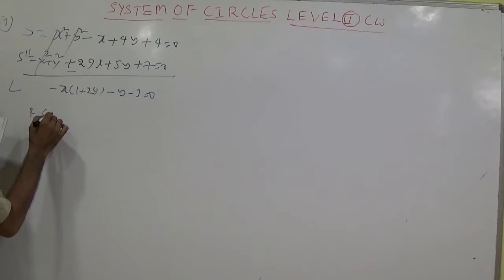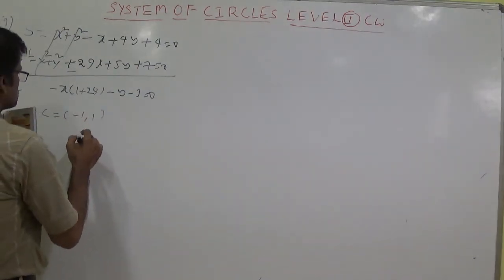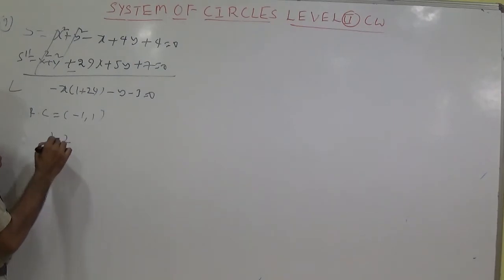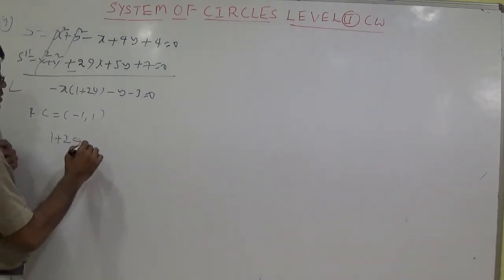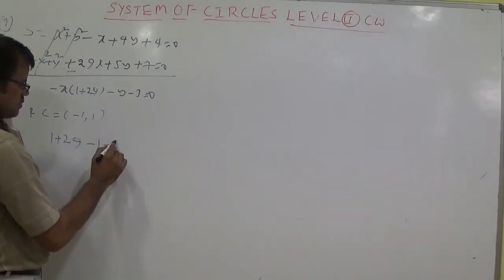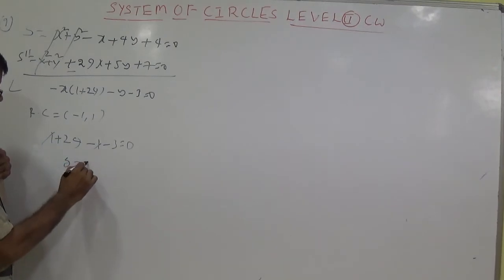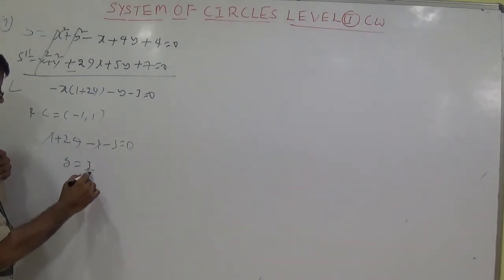The radical center is minus 1 comma 1. Substitute here, so it becomes 1 plus 2g minus 1 minus 3 equal to 0. 1 and minus 1 get cancelled. g = 3/2.